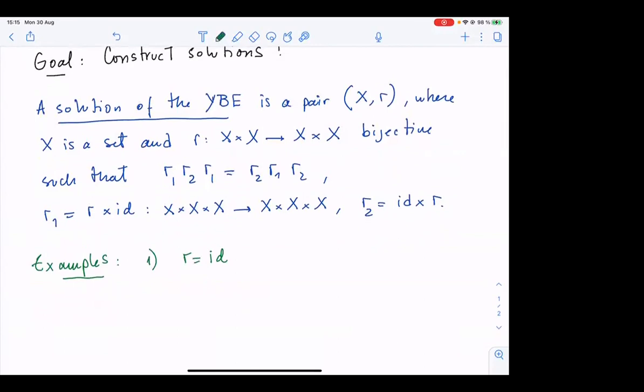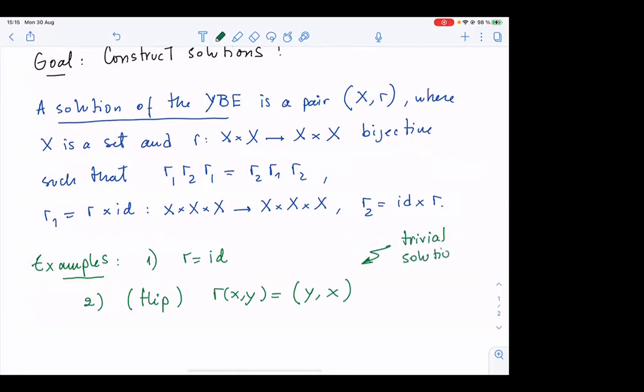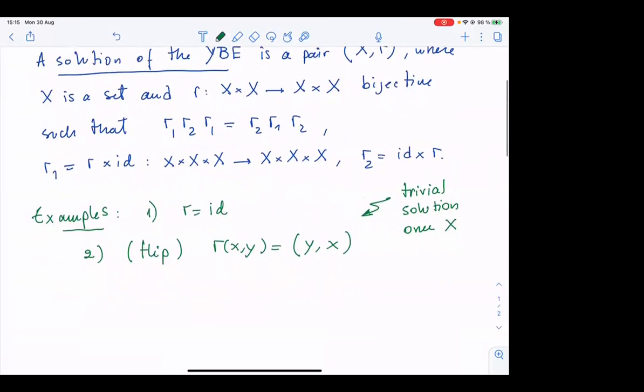So the trivial example is the flip map, which is this. This is also a solution, and this is what we are going to consider as the trivial solution over the set X. I can give you more examples, something similar to this, but a little bit more general. Say that you have two permutations, sigma and tau.